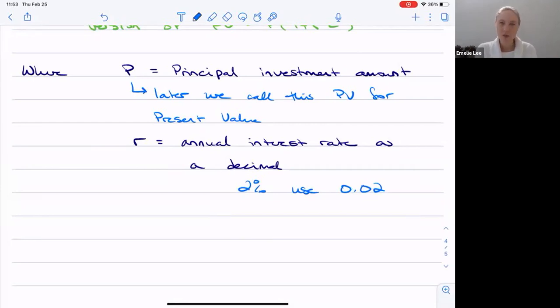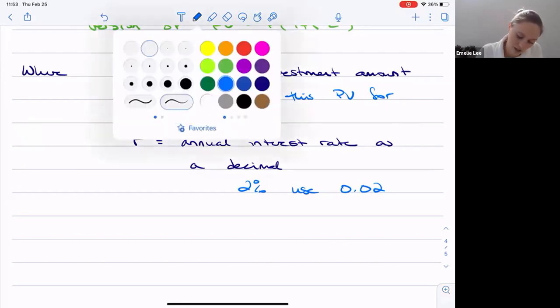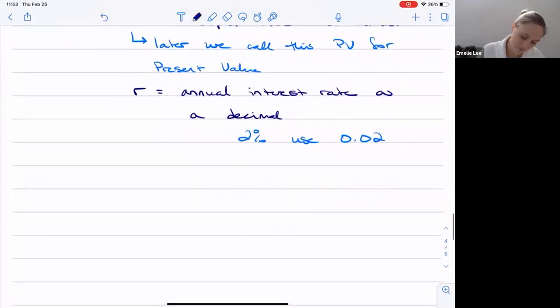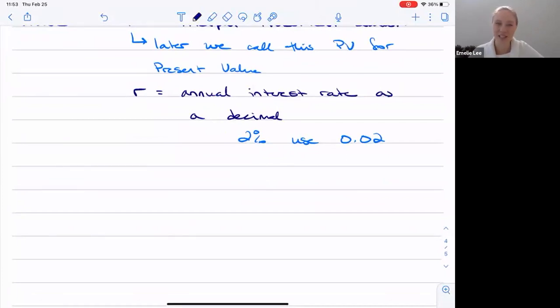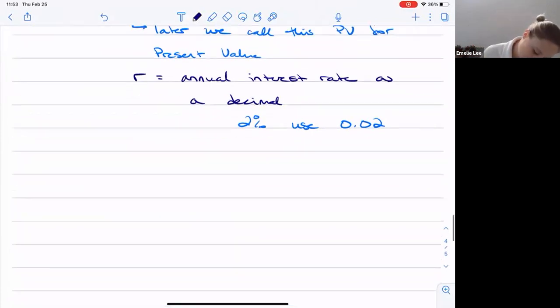What's important about T is that T is the time in years. So if you're investing for 6 months, that's only half a year, and so your T would be 0.5. You always have to convert it to years, and we're going to spend a lot of time talking about the rules for that. Also, our fancy calculator has a days between dates calculator, so we'll be able to find the exact number of days between two dates, which we'll use to find T later on.